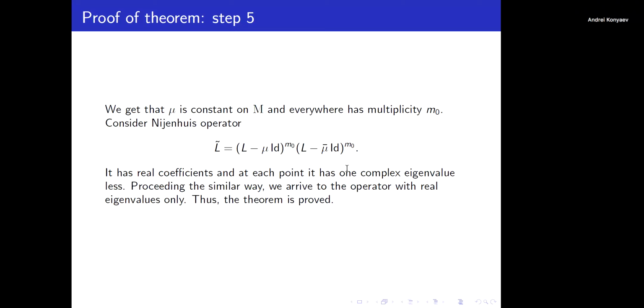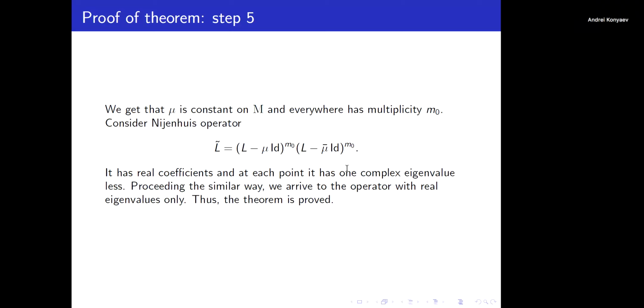So if the original operator had several complex eigenvalues, we have proved that the one having the largest multiplicity is constant, and then we killed it off by multiplying like this. And we say, well, let's look at the operator which is different, and it has all the other different complex eigenvalues.